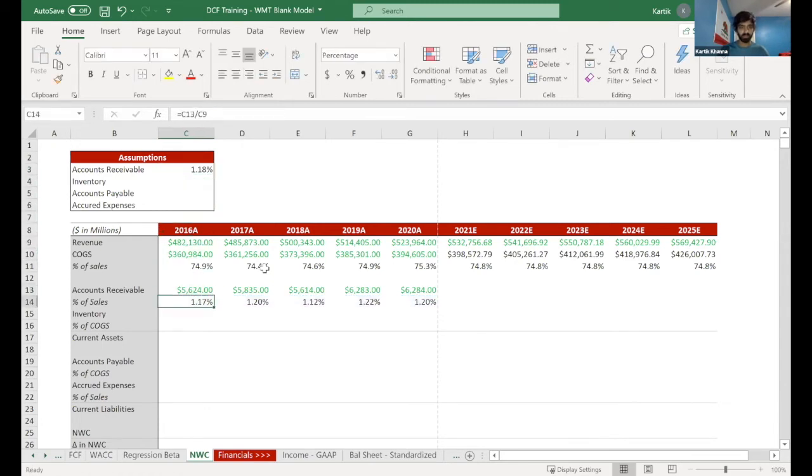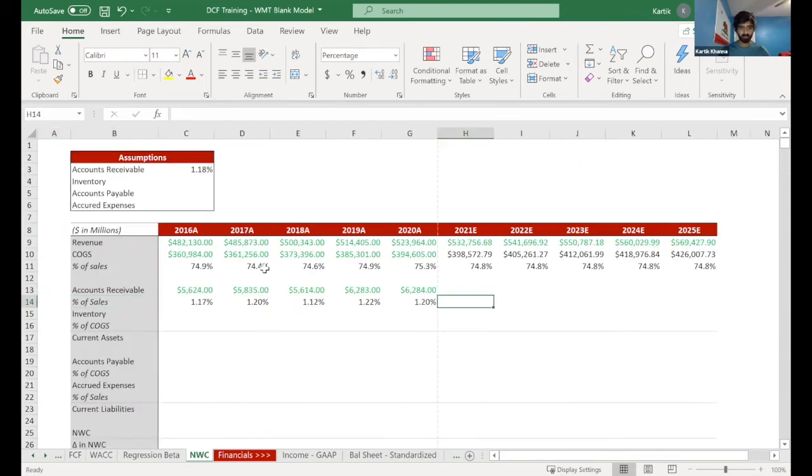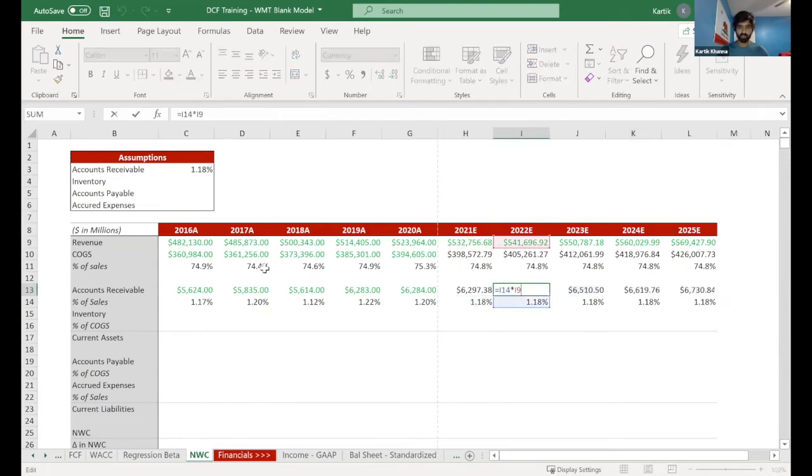So keeping that in mind, we're going to do what we did before. Okay. Hit equals, and we're going to link that to that 1.18%, F4 to lock in place, and move that forward. And now we know our accounts receivable is going to be 1.18% of our revenue. Move that forward for each year, and we have our AR.